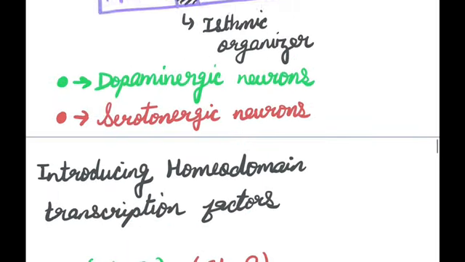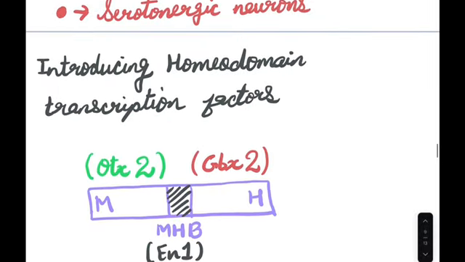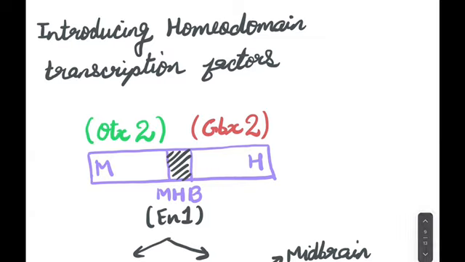It was found that in the forebrain and midbrain, the cells express OTX2, and in the hindbrain, the cells express GBX2, both of which are homeodomain transcription factors. The transition between these is located at the midbrain-hindbrain boundary, and this is the portion at which the isthmic organizer will emerge after neural tube closure.